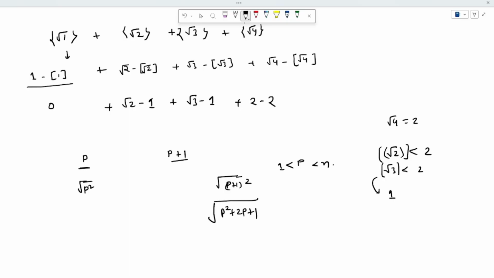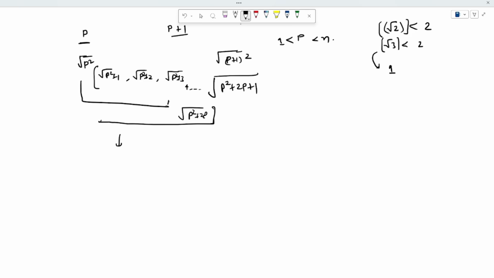So the numbers between these two integers, p square plus 1, p square plus 2, p square plus 3 till p square plus 2p, the greatest integer of all of these is p.